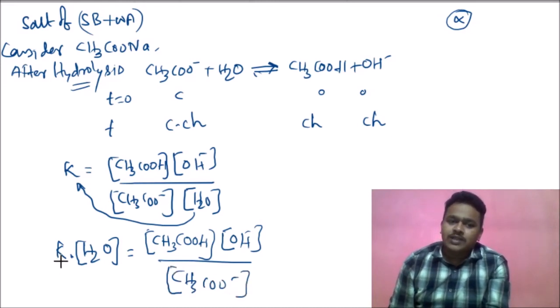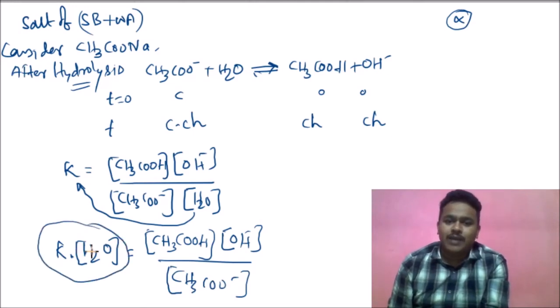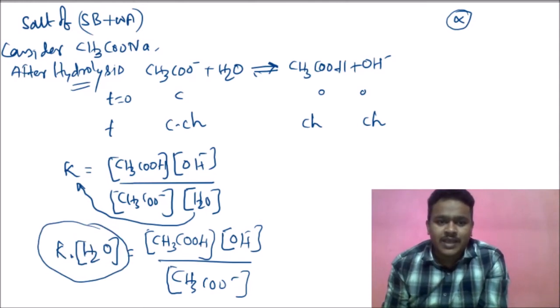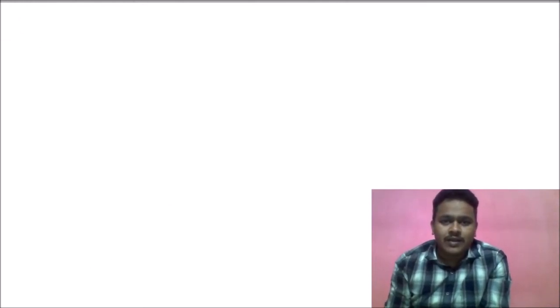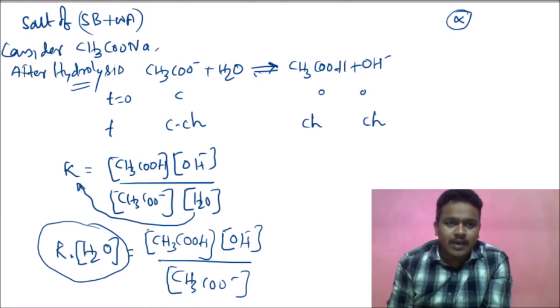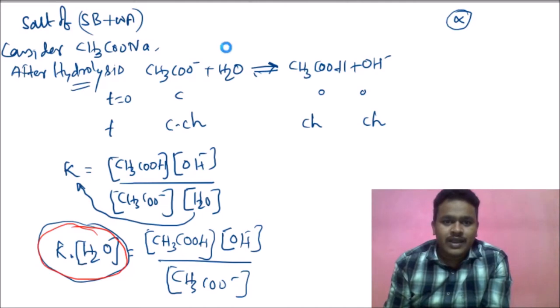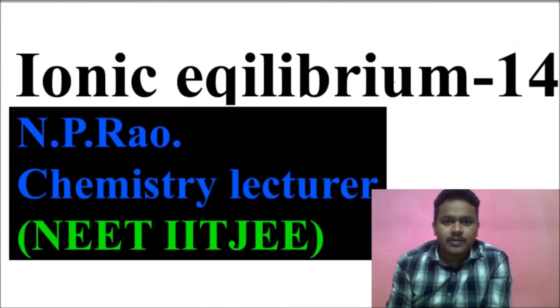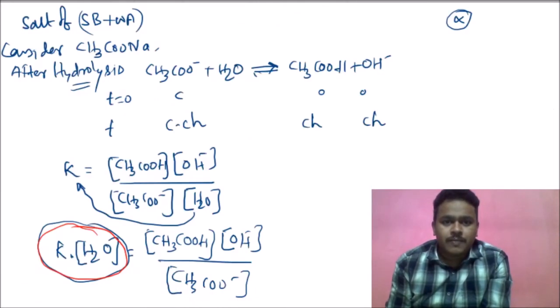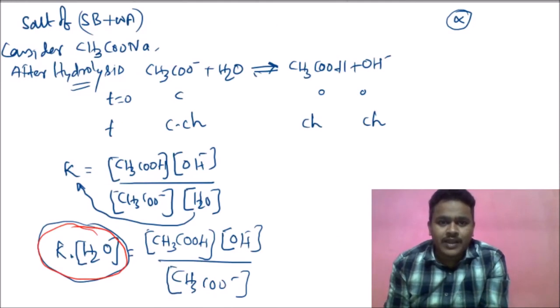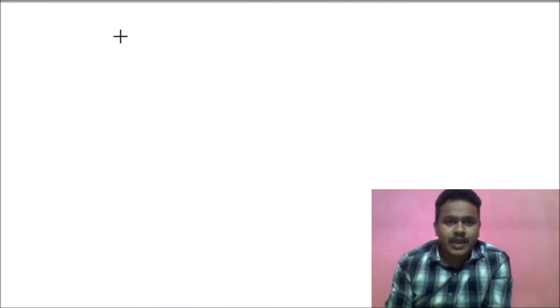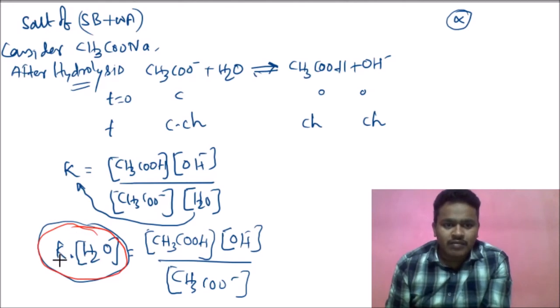Here this is a constant, the equilibrium constant, and water is also constant. Both combined, I am going to write as Kh in the next slide. These two, the equilibrium constant and water, remain constant.